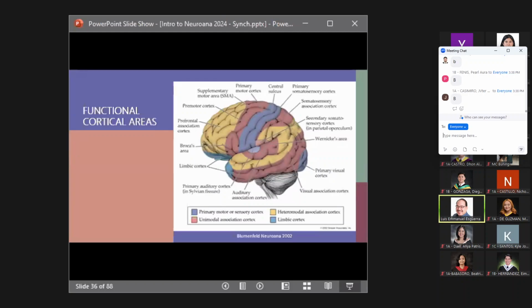There are particular areas of the cortex where these particular functions are, such that if that area is affected, you can have problems with motor or sensory functions, or with speech or understanding speech. That's the functional cortical area.